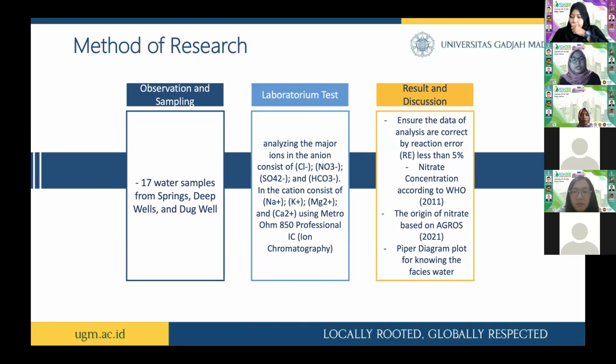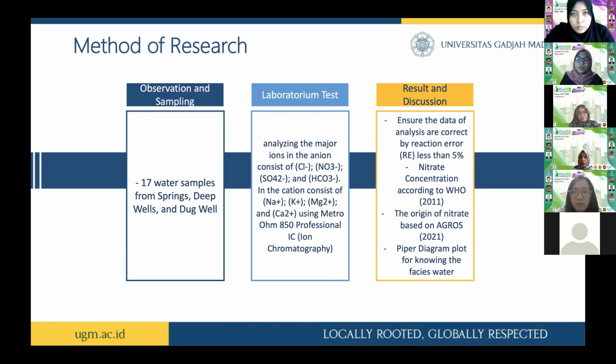On the observation and sampling, we took 70 water samples from springs, deep wells, and dug wells. In the second part, the laboratory test, we analyzed the major ions. The anions consist of chloride, nitrate, sulfate, and bicarbonate, and the cations consist of sodium, potassium, magnesium, and calcium. We used a Metrohm 850 Professional IC, or ion chromatography.